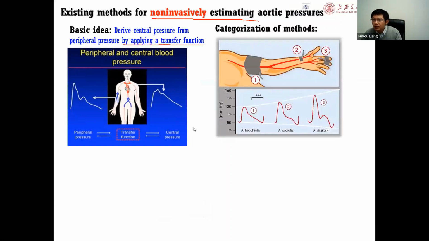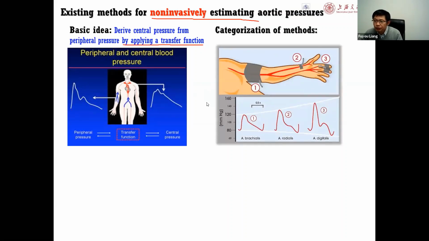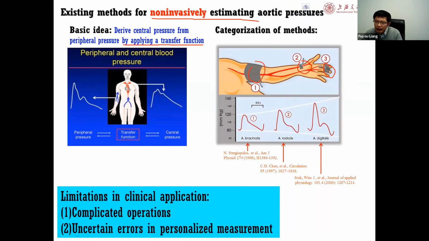You can measure the peripheral pressure waves non-invasively at different locations. For example, you can measure the pressure wave at the fingertips, at the wrist, or at the upper arm. But this kind of approach is usually not very applicable because it has some inherent limitations.